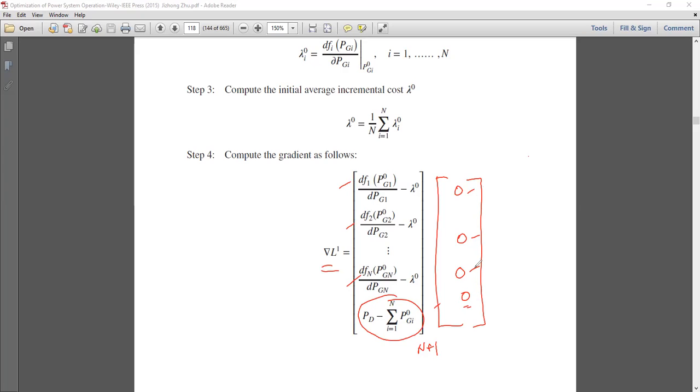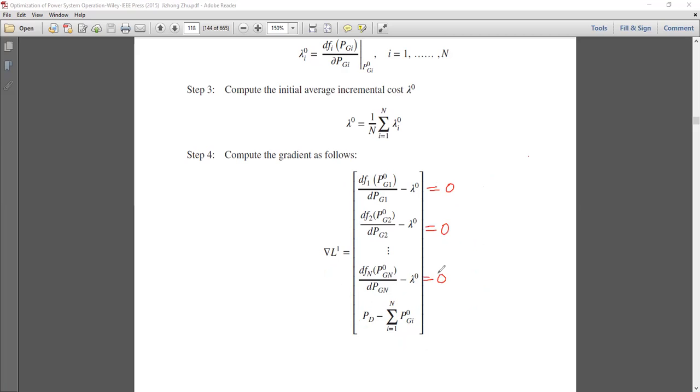You will stop your iteration. If all of these are 0, you stop your iteration. Can you say why? If this value is 0, this value is 0, this value is 0, this value is also 0, you stop your iteration and take it as your optimum value. But can you say why?